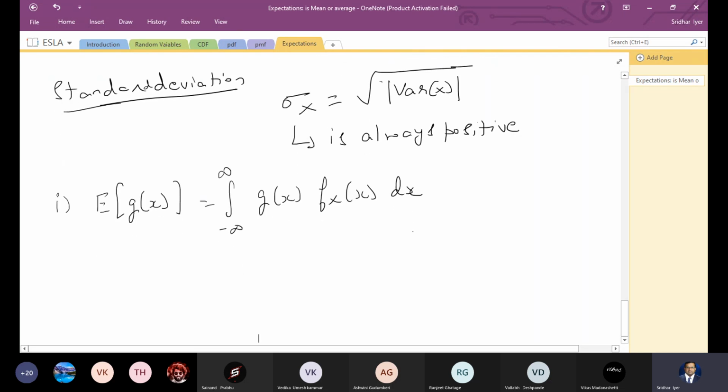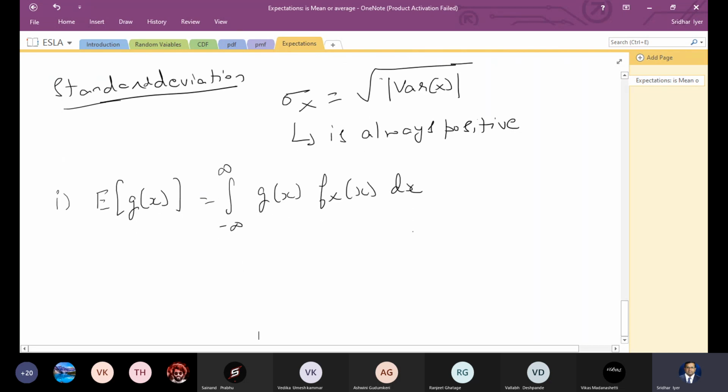So whether it is a random variable x or a function, it doesn't matter. The equation for the expectation remains the same. Second, E of any constant is the constant itself. For example, E of 5 will be 5.